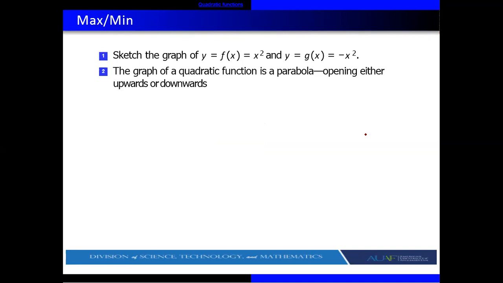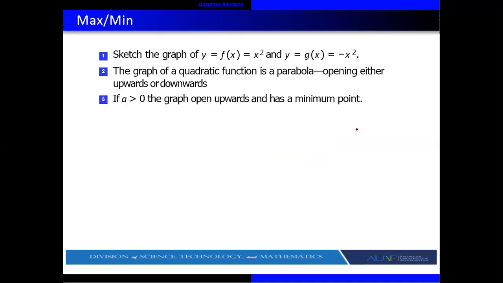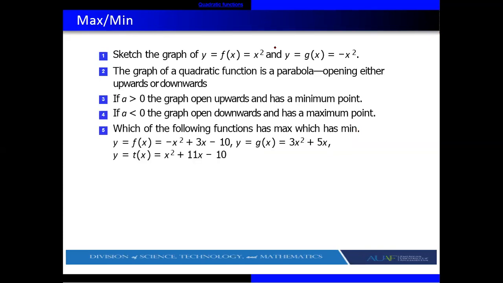Yes. So graph of quadratic function is parabola. It depend upon the coefficient of a. For example, we have any function. Let me tell you y is equal to ax square plus bx plus c. This is general form of quadratic function.